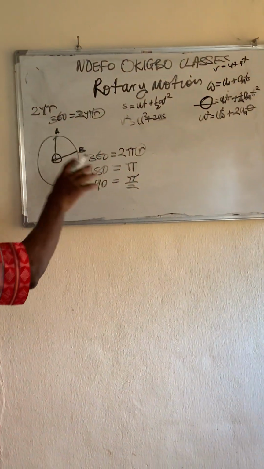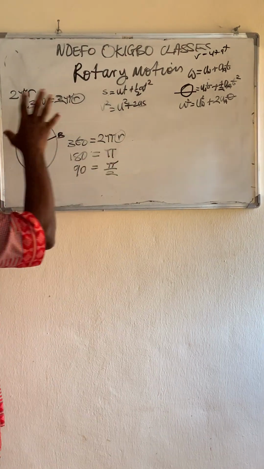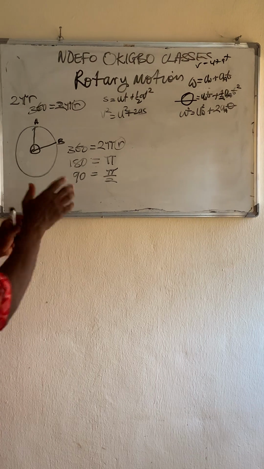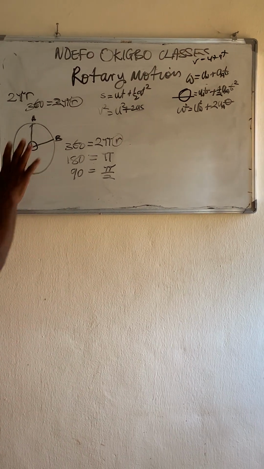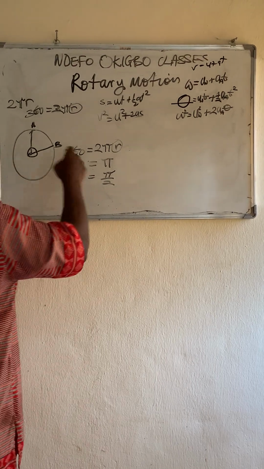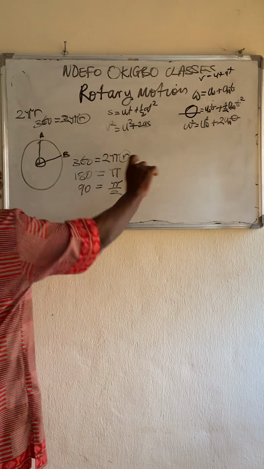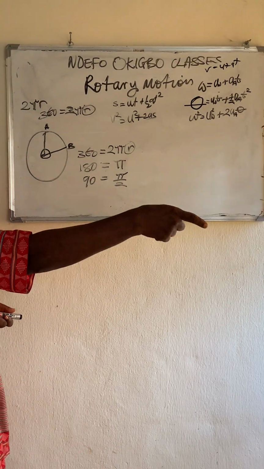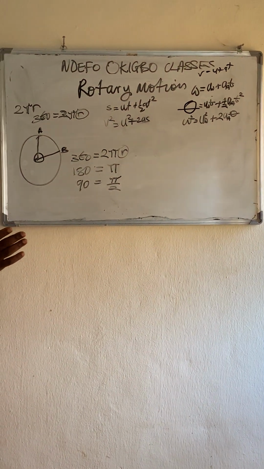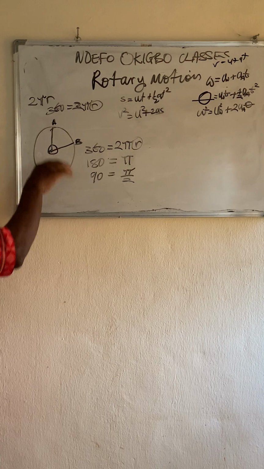So when we are measuring, we can measure in radian, in degrees, or in revolution. We can use any of them to calculate the distance. If we get this in radian and divide by time, we get the velocity: radian per second, radian per minute, and so on.